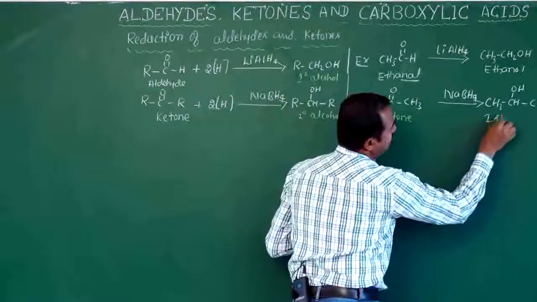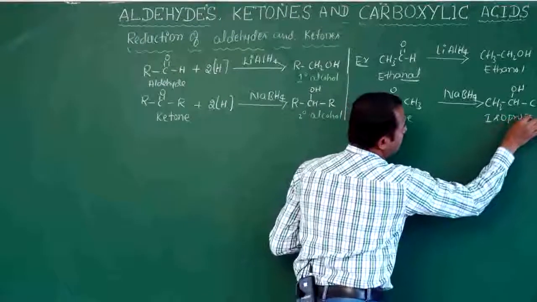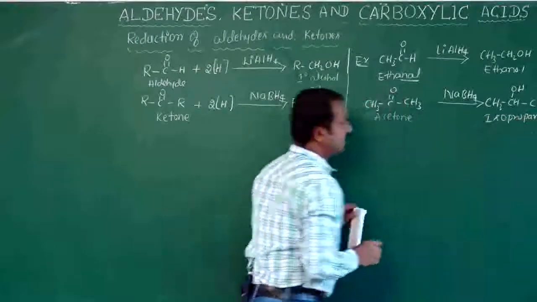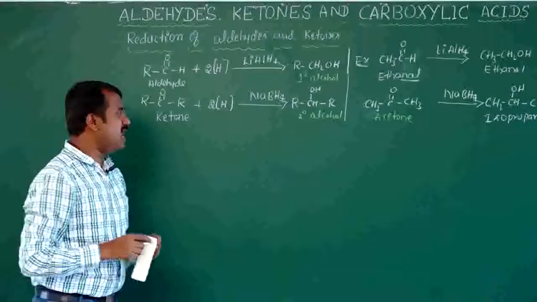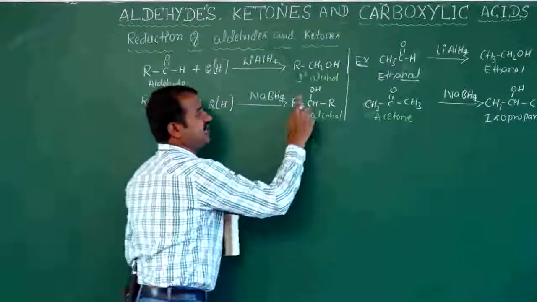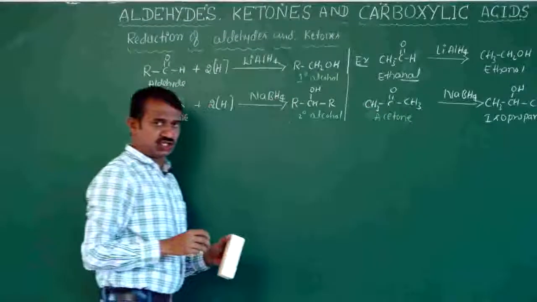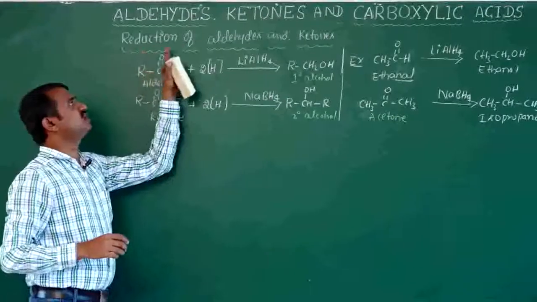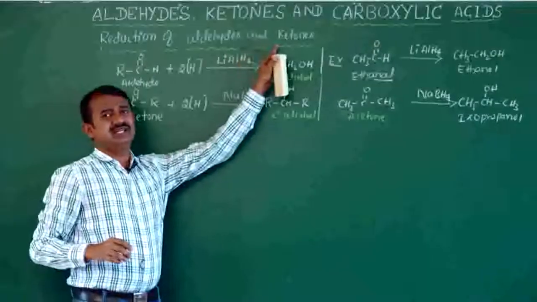The name is isopropanol. Isopropanol is a secondary alcohol. This is a general reaction. This is an example of the reaction. This is the first reduction of aldehydes and ketones.